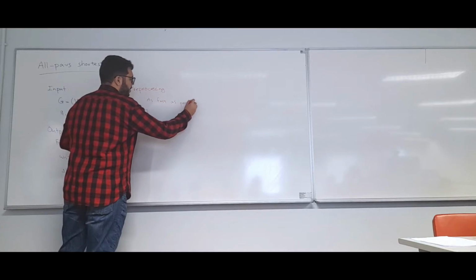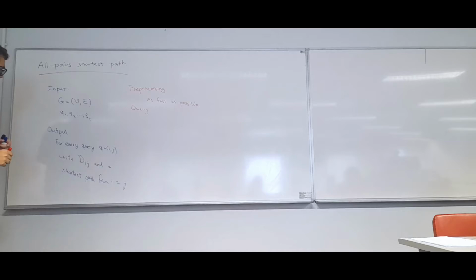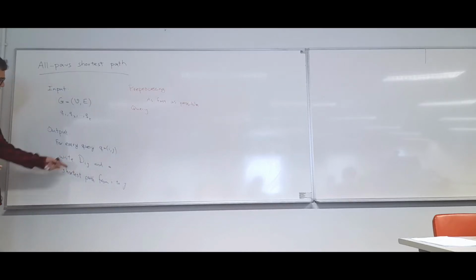Okay, but the constraint is on the query side. I want to say that if the distance from I to J was, let's say, D, you have to answer that query optimally. So what does that mean? When I'm given vertices I and J, I have to output D+1 numbers, right? So the first number is the distance, and then I have all the vertices that are on the path from I to J, right?